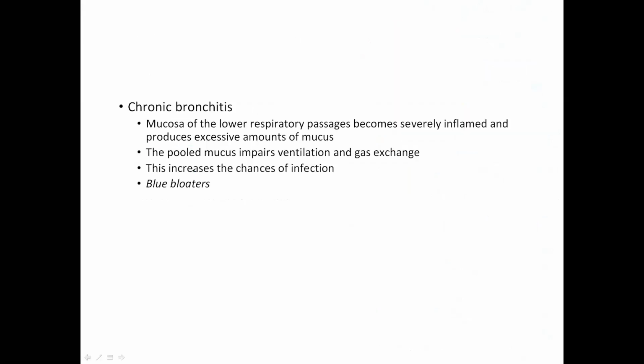All right, some conditions here. Chronic bronchitis. Okay, that word chronic is not a good thing, and itis is inflammation of. So this is constantly having inflammation of the bronchi, and what ends up happening is the mucosa, or the mucus in your respiratory passage, produces excessive amounts of mucus over time, and this impairs ventilation.